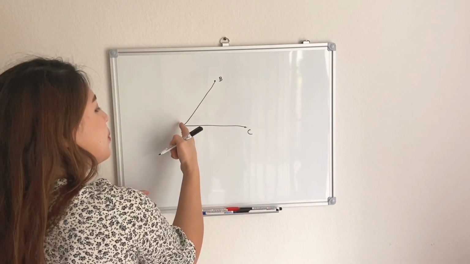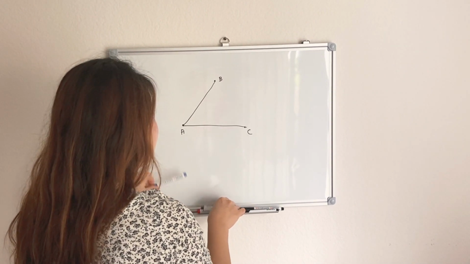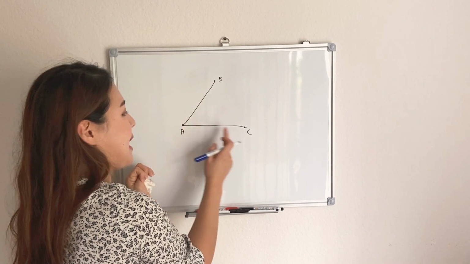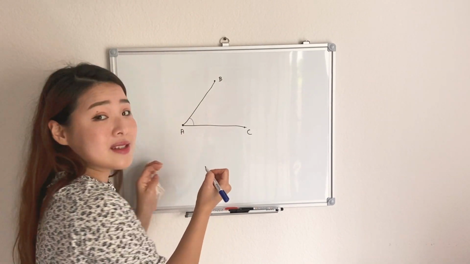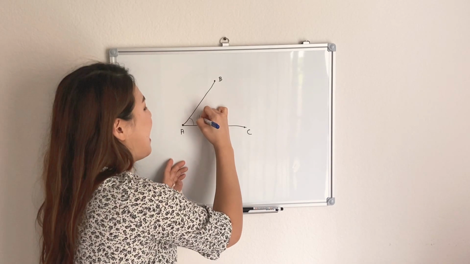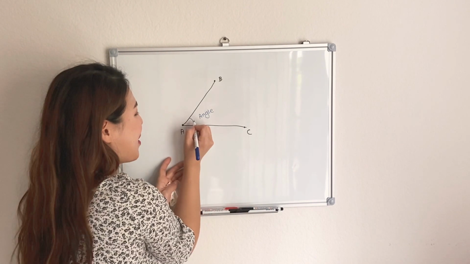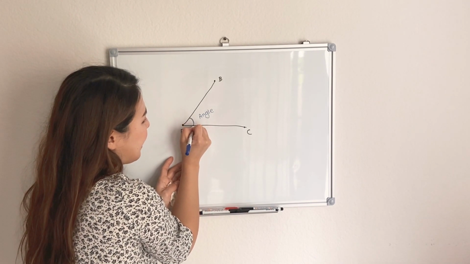Now we have 2 different lines. But notice how there is a space in between line A B and line A C. So the space in between those lines is called an angle. And you mark it like this, a little curved line.